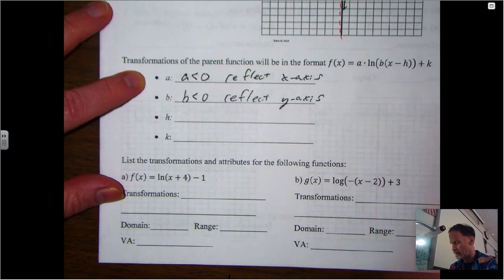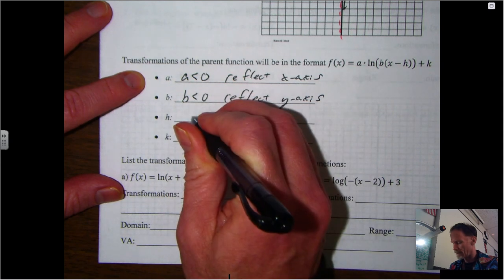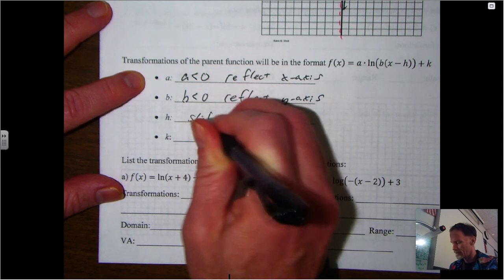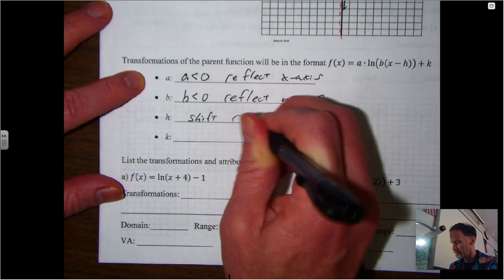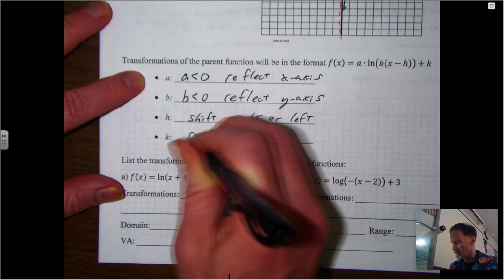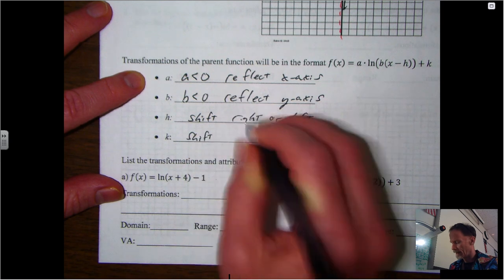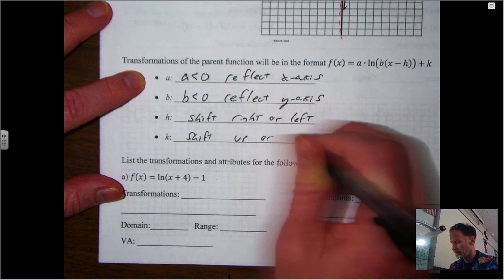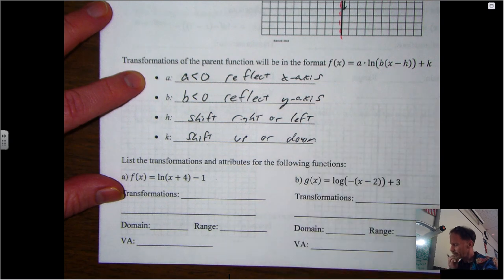And then H and K, we know that's our shifting right or left for the H, and the K is the shift up or down.